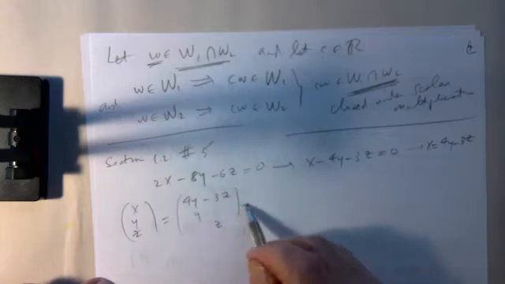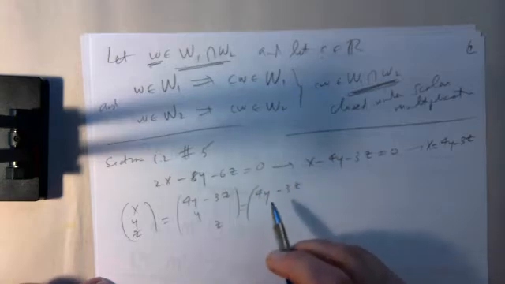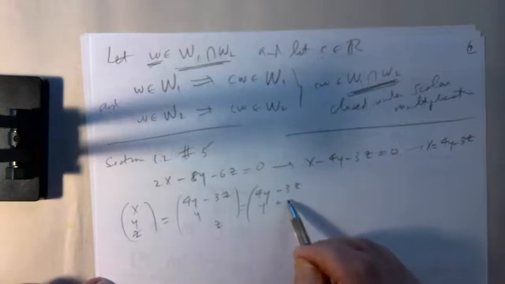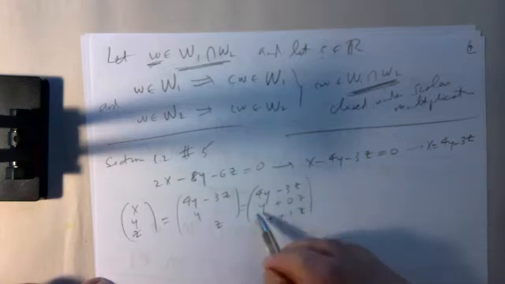And I can think of this, if I like, there's no reason to write this out like this, but I'm just doing it to make it clearer. This is like 1 times y plus 0 times z, and this is 0 times y plus 1 times z.